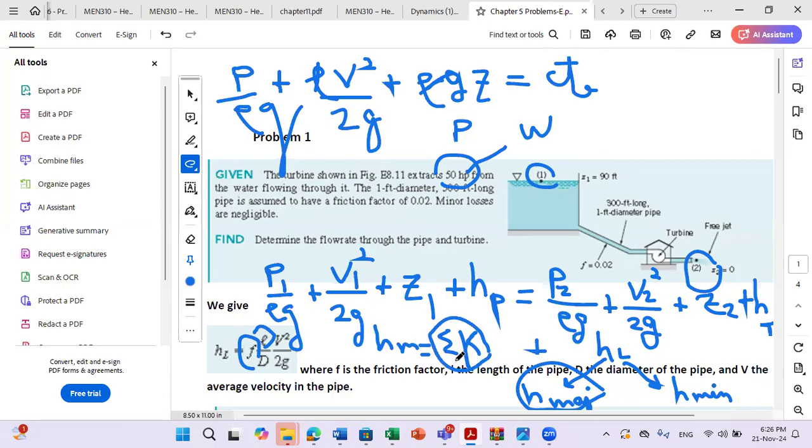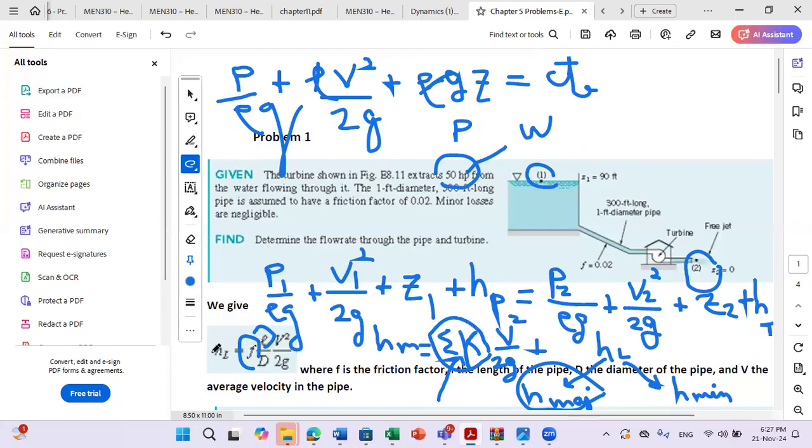So we just say that it's the sum of loss coefficients that are determined experimentally times V square over 2g. So in general, in this course, in case you need to account for minor losses, I will give you the summation of K, okay?